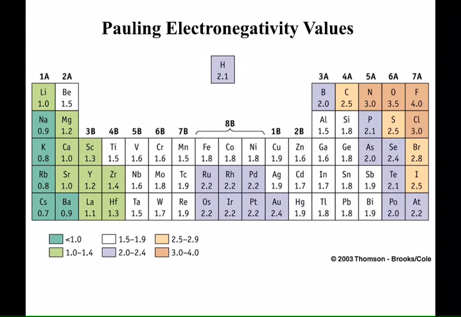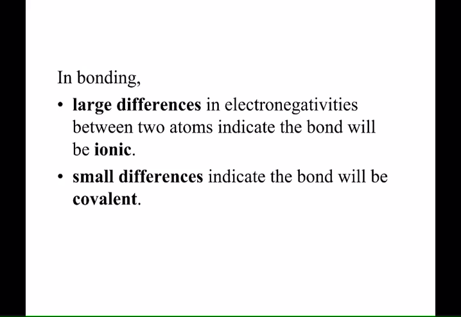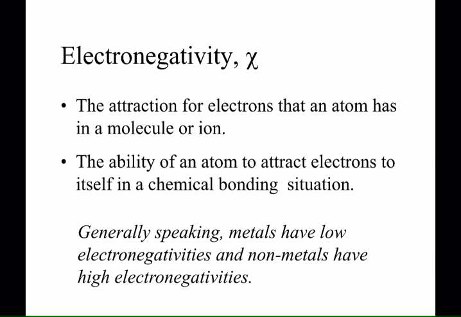I mentioned that electronegativity values set the stage for if you have a pair of atoms that are going to be joined together, are electrons going to be shared and create a covalent bond, or electrons going to be transferred and create an ionic bond? So let me see if I can pull this up right quick. Okay. So this slide already kind of says that.